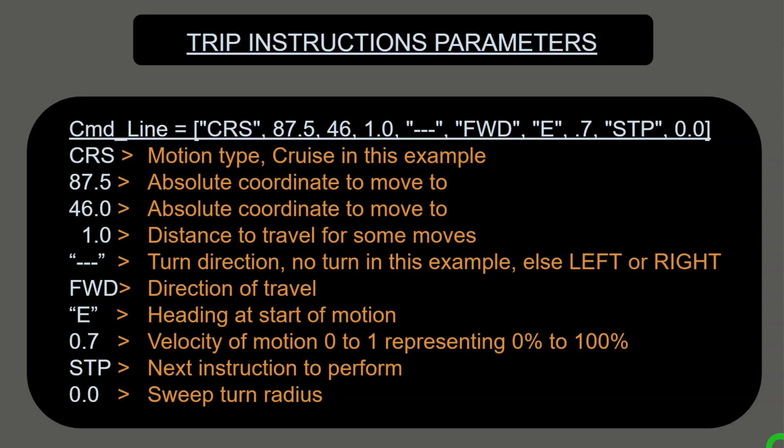And then finally, we've got two more parameters, STP, which would be the next command in line. So when I'm creating the trip instructions, I have to look to see what the next motion is and record it in this location. That helps control how the Zoomie performs at the end of each individual motion.